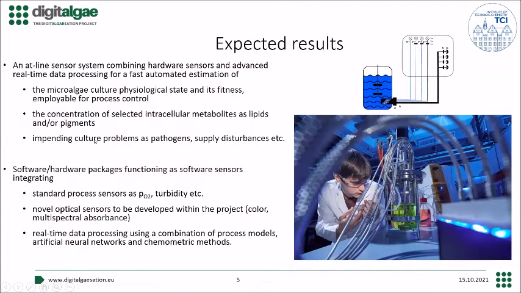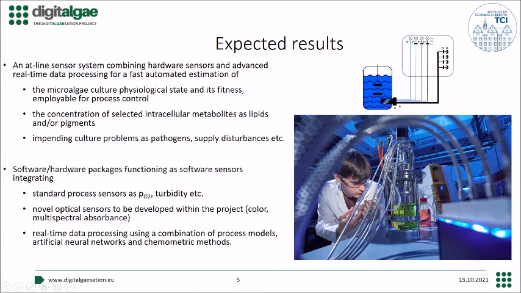And expected results from us are an at-line sensor system, for example, a fluorescence sensor system like you see here in the small sketch above the picture, where we applied a fluorescence sensor for specific wavelength pairs excited by LED light and detected by photodiodes. So very easy and robust applicable sensor via fiber optics.